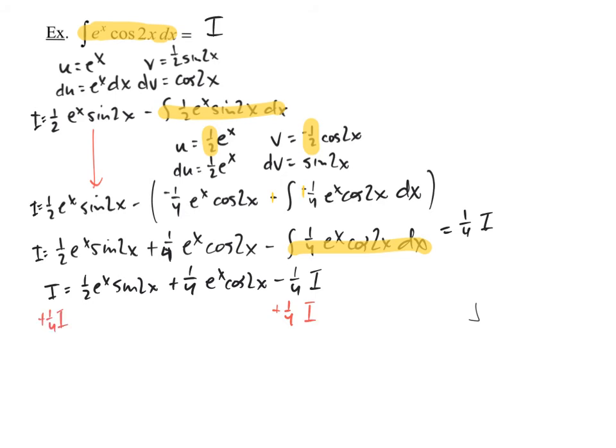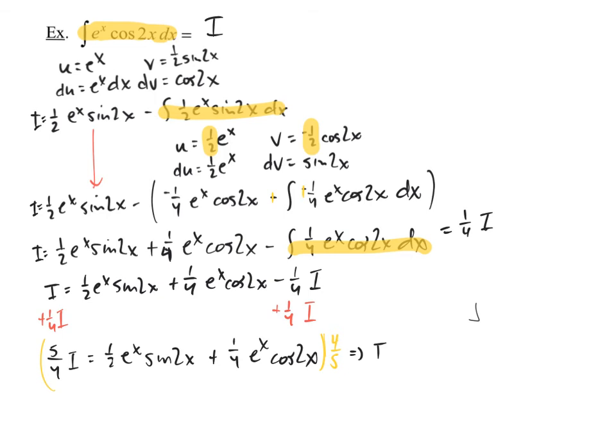And that's going to give me 5/4 I is equal to 1/2 e to the x sine of 2x plus 1/4 e to the x cosine of 2x. And to get I by itself, I'm going to multiply this entire equation by the reciprocal of 5/4, which would be 4/5, and that's going to give me my final answer.